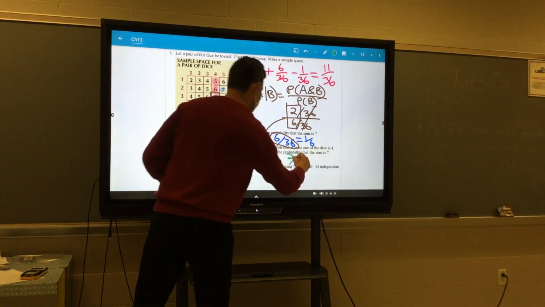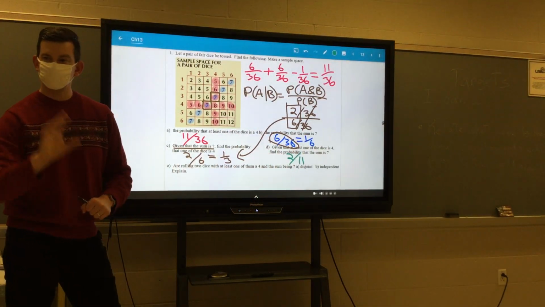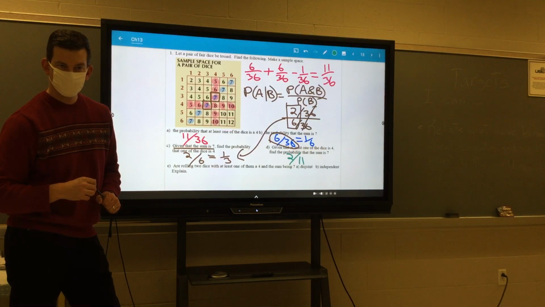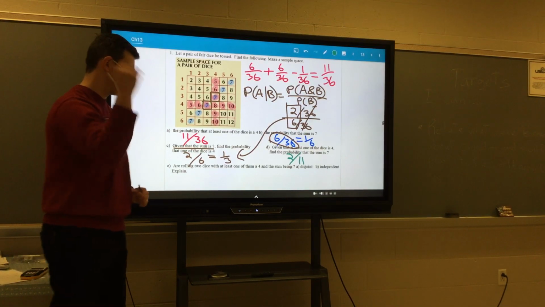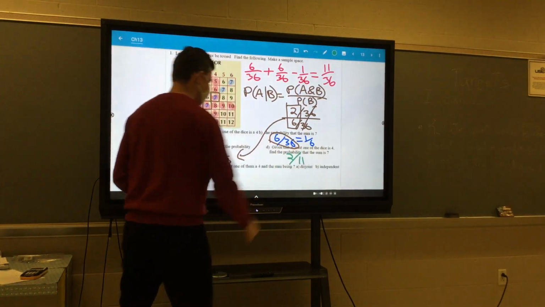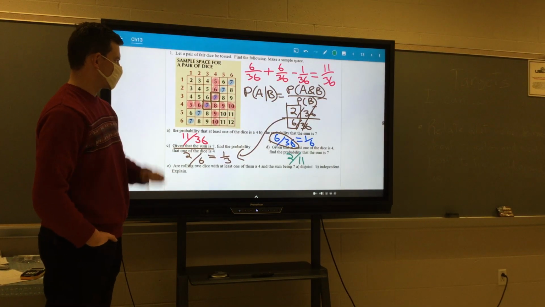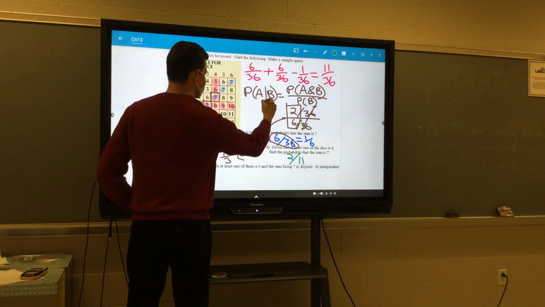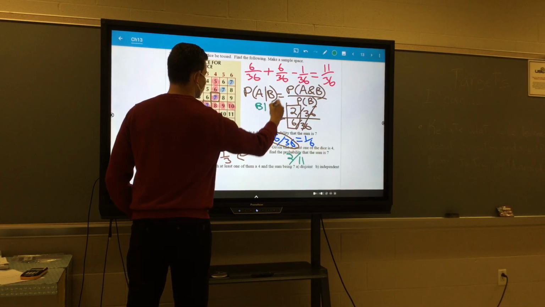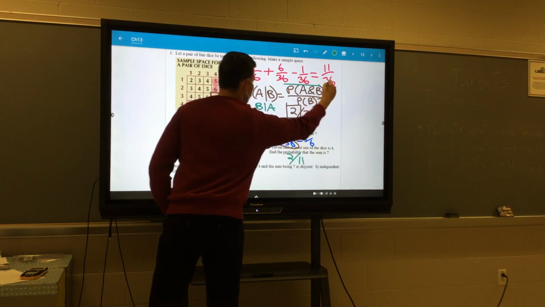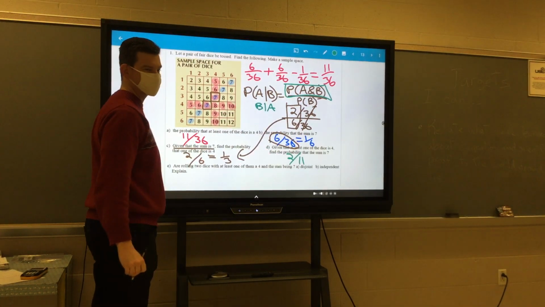The numerator does not change with conditional probability if you reverse the conditions, because conditional probability changes the sample space, the denominator. If you were to fit this with the equation and switch this to the probability of B given A, this remains untouched.